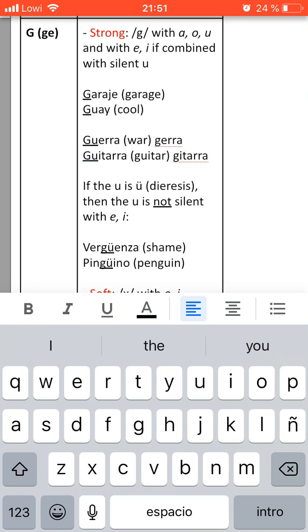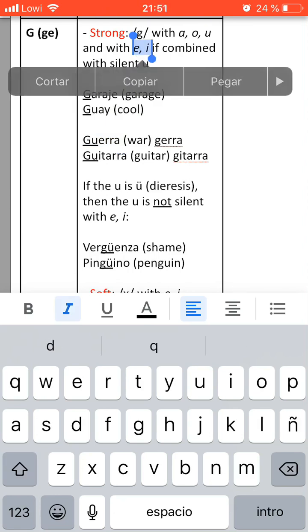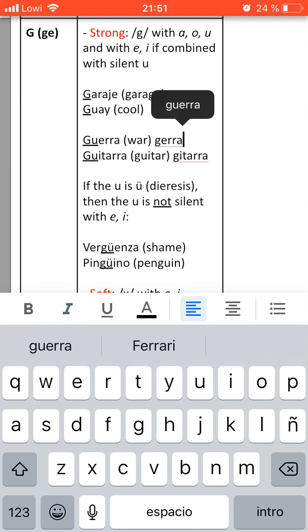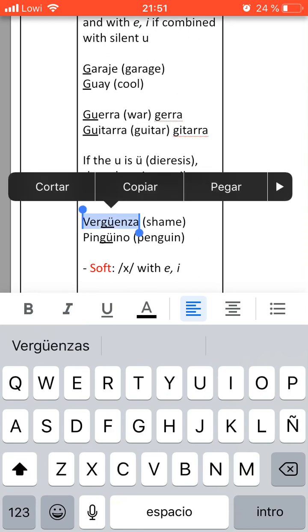Okay, if you see a letter U in the middle of a G and an E or I, you know that U is silent and you can't pronounce it. If that U in the middle has 2 points, you must pronounce it.